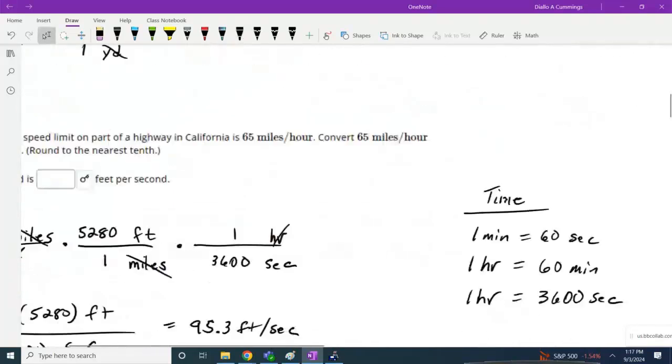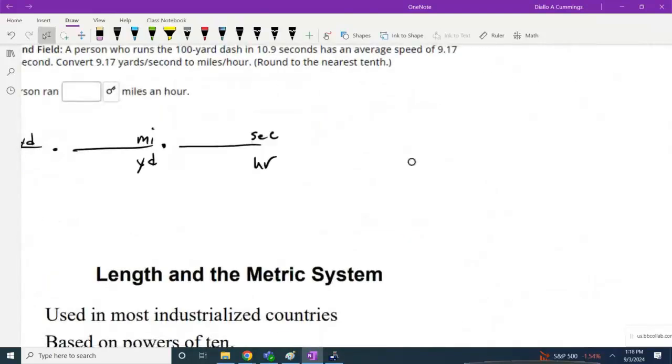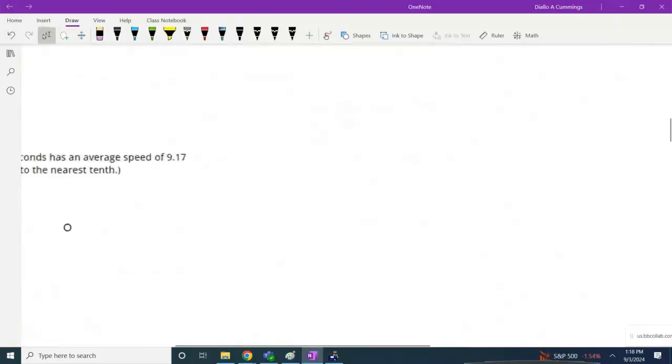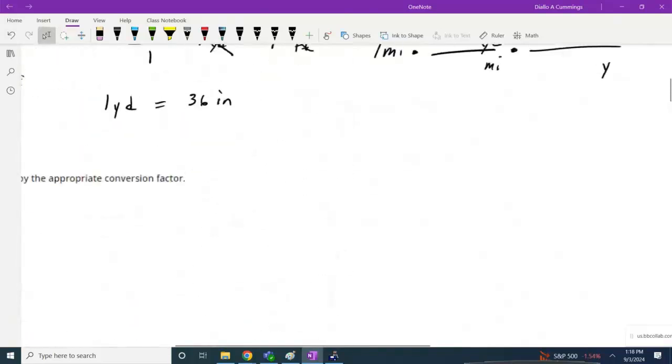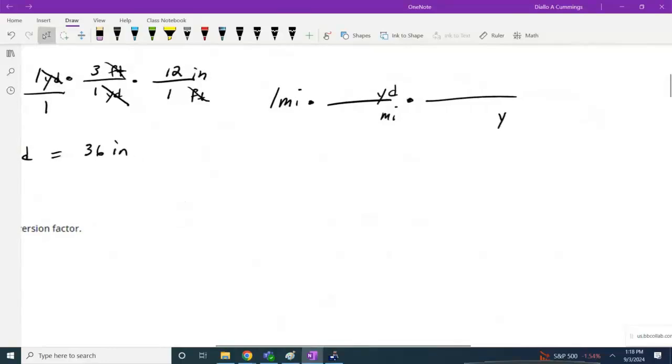Let me just make sure I'm converting the right thing over. I'm sorry, that's miles to feet, and then feet to yard. Okay, all right.